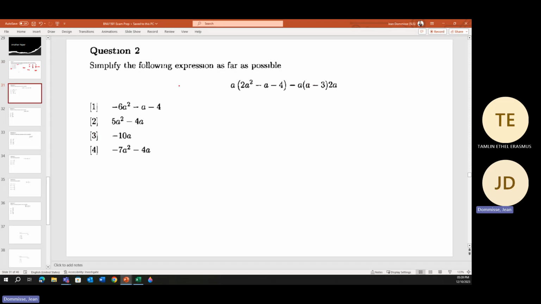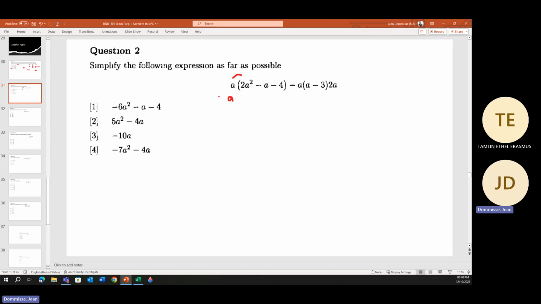Okay, next one, we now need to start simplifying. So again, we're getting an expression, and we need to simplify. The first thing I would do is to multiply in.